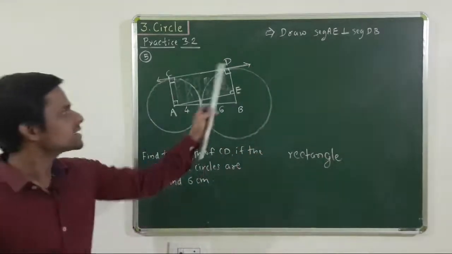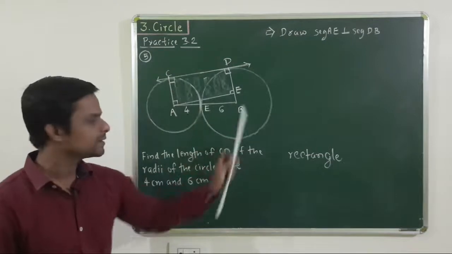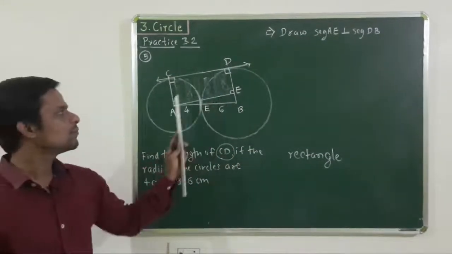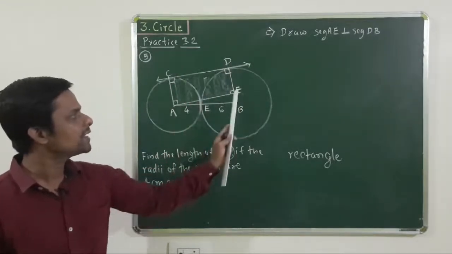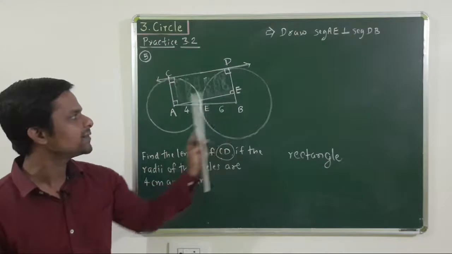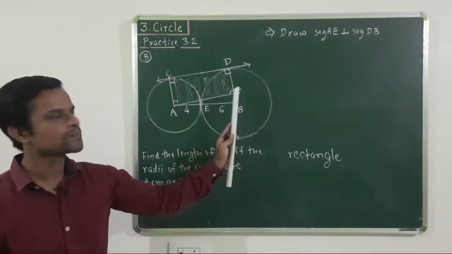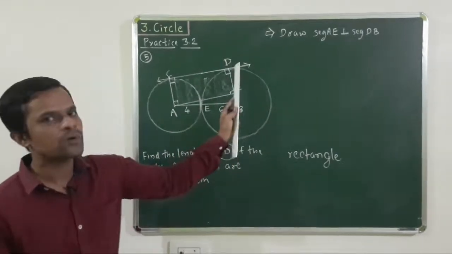And opposite sides of a rectangle are congruent, therefore CD is congruent to AE. To find CD, we have to find AE first, since CD is congruent to AE, and if you get AE, then CD will be the same as AE. Your target is to find AE first, and that will be the same for CD.